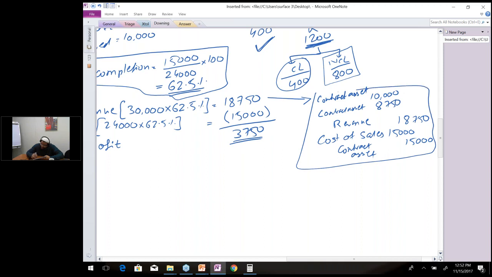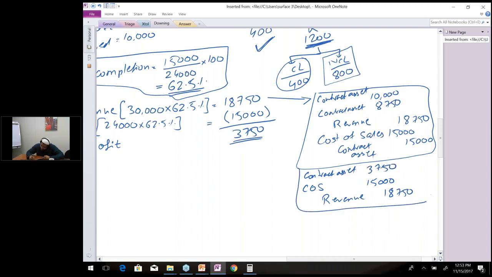So if I make a net entry, the revenue should be credited by 18,750, the cost of sales should be debited by 15,000 and the contract asset should be debited by 3,750. So this is a short entry and easier to learn. So it's better to follow this entry directly.